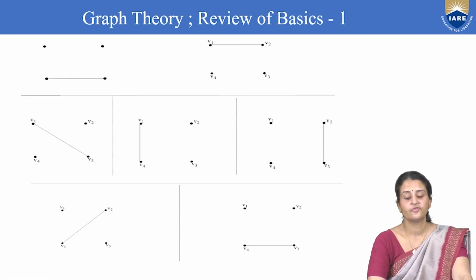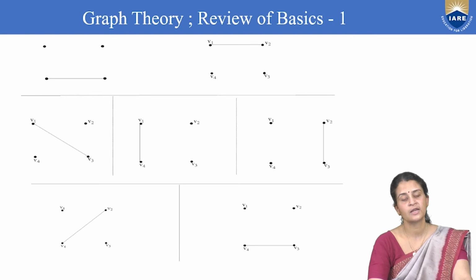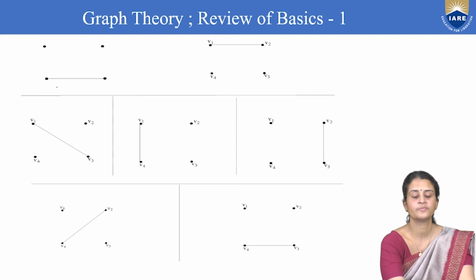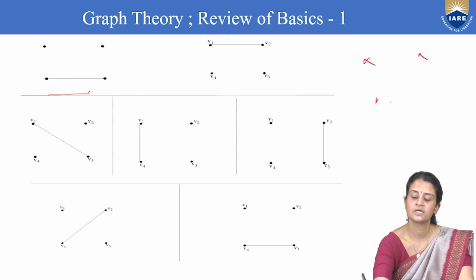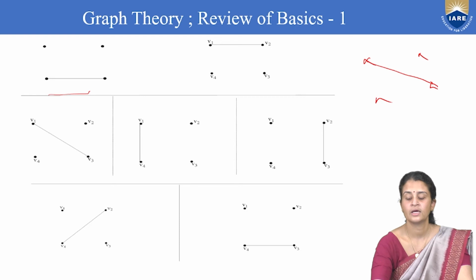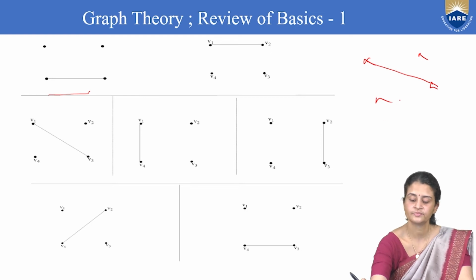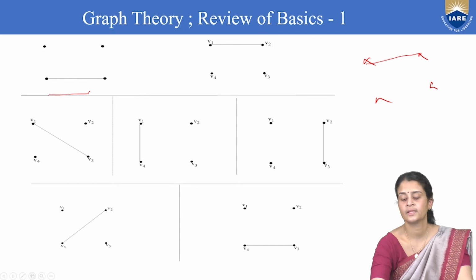Now consider this graph with 4 vertices and 1 edge. If it is an unlabeled graph, see the first figure. This one is the same as this one, and this will be the same as this one.